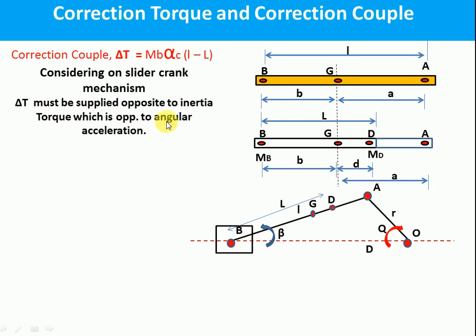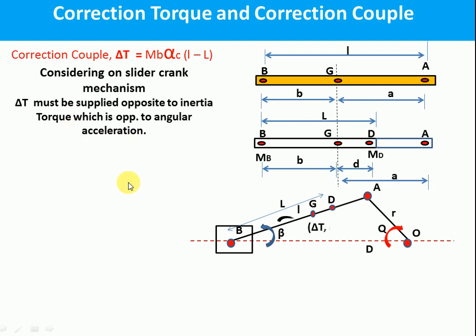This delta T, the correction couple, must be supplied opposite to the inertia torque, which is opposite to angular acceleration. That means this correction couple is applied opposite to inertia torque, and inertia torque is opposite to angular acceleration.